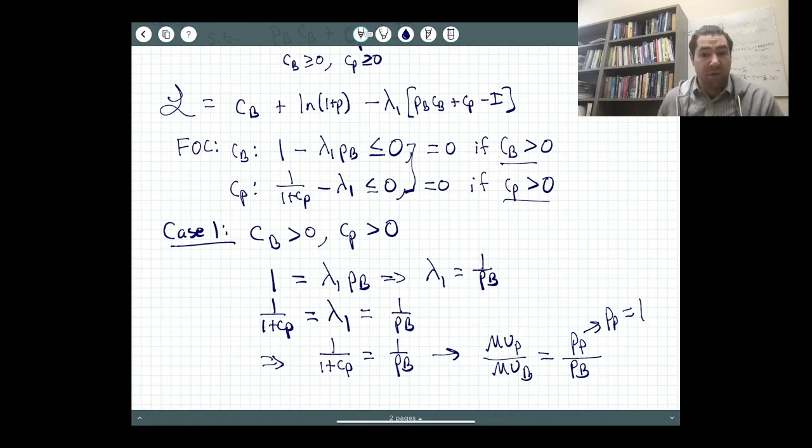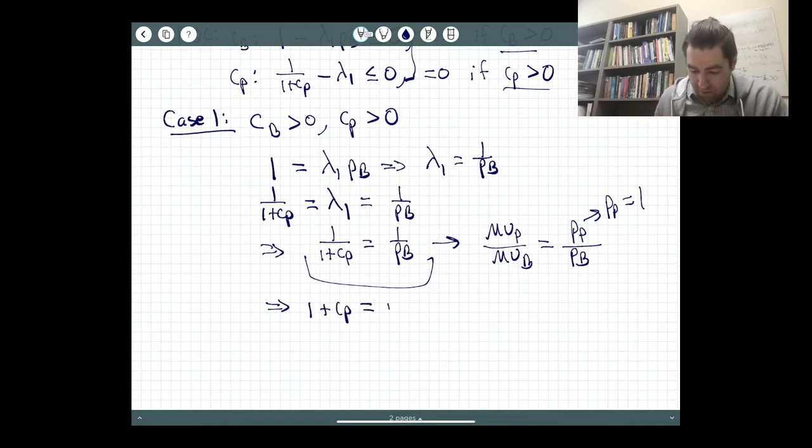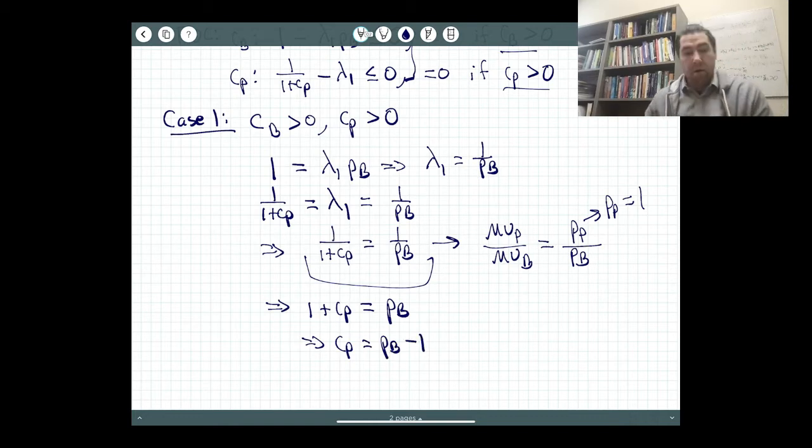We arrive at that same basic condition when I have strictly positive consumptions. I can solve this equation pretty easily for CP. I flip both sides, and 1 plus CP must be equal to PB. And so CP is equal to PB minus 1.